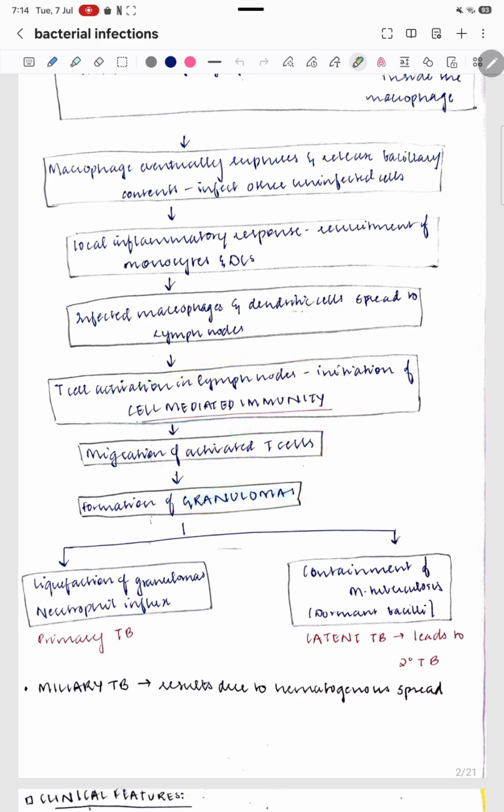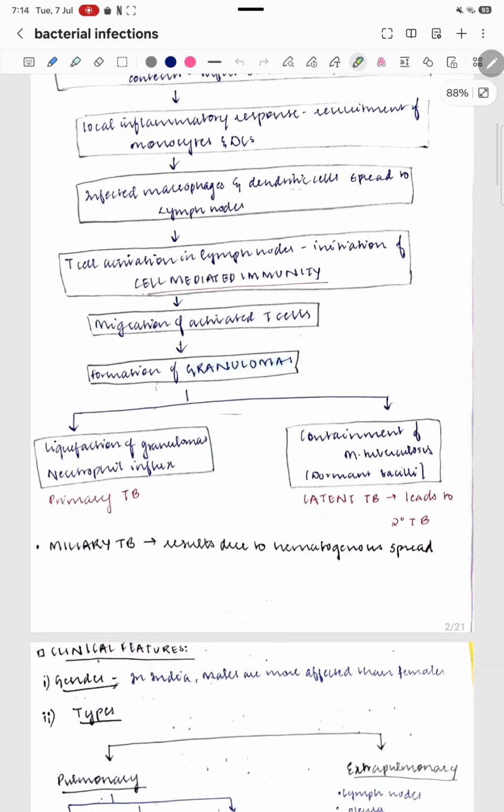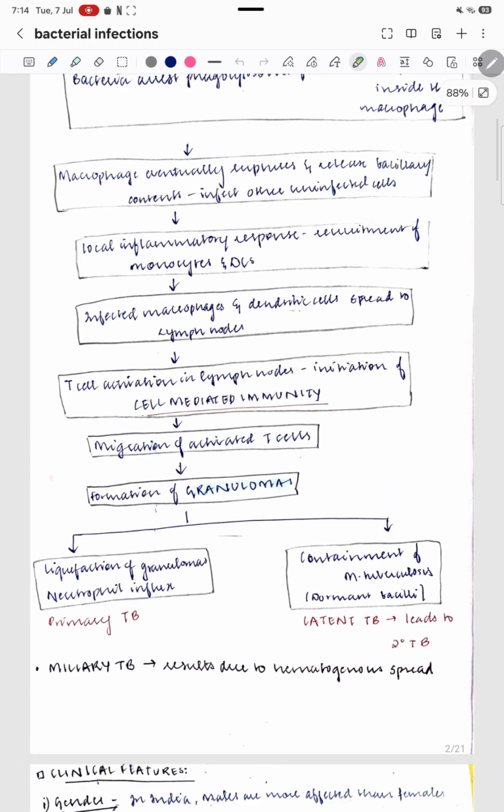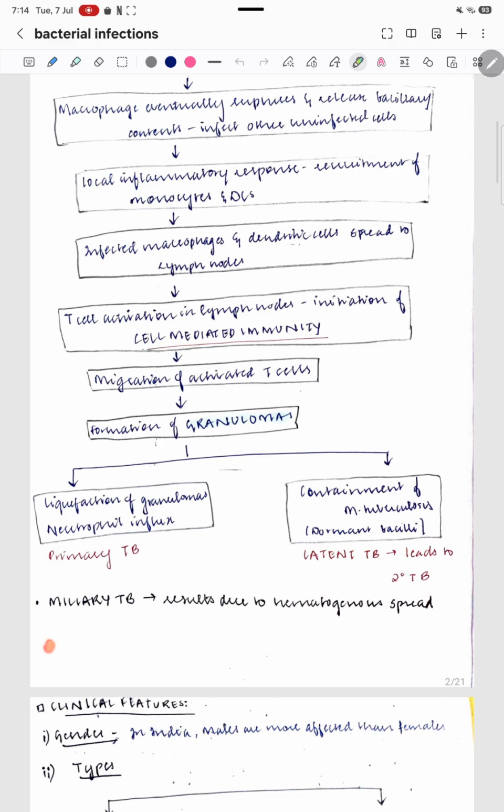So basically what is happening is there is an infection. This infection is eventually spreading out, causing inflammation. The body responds to the inflammation by recruitment of monocytes.